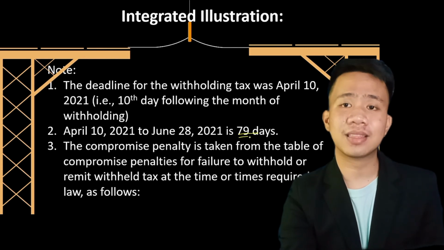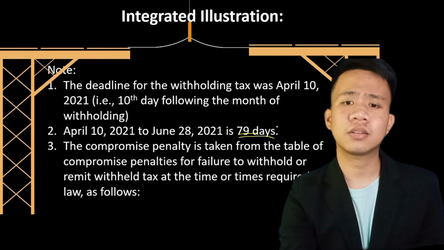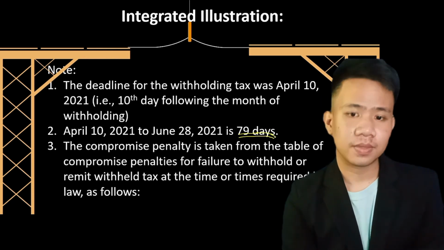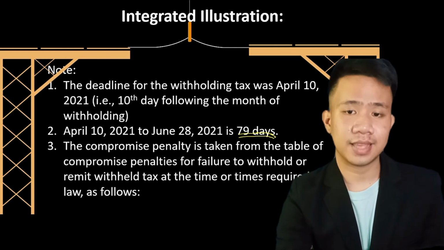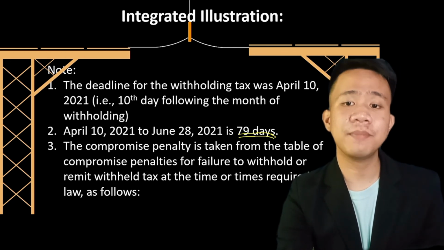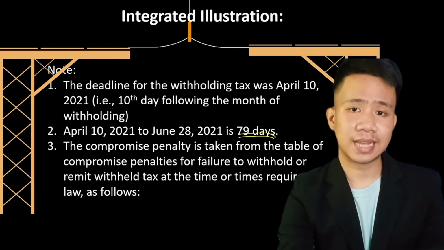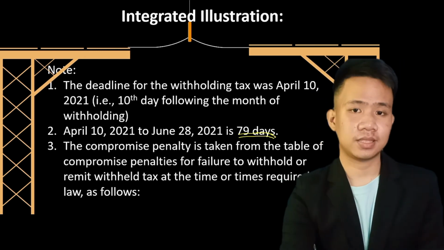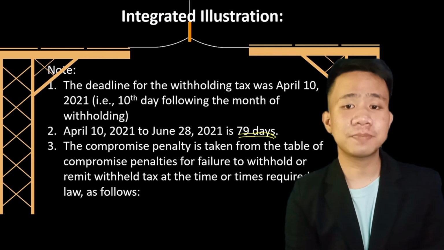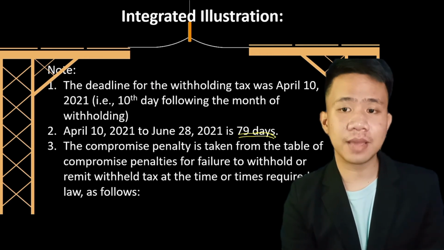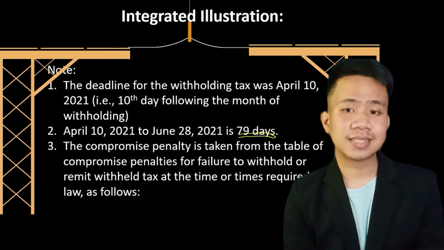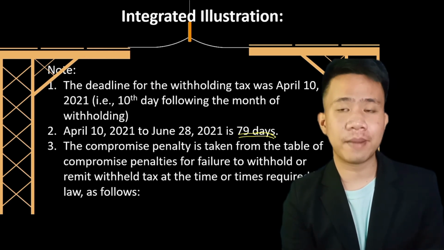So that's how we got the interest, the 79 days, because from April 10 to June 28 is 79 days. Lastly, the compromise penalty is taken from the table compromise penalty for failure to withhold or remit withheld tax at the time or times required by law as follows.